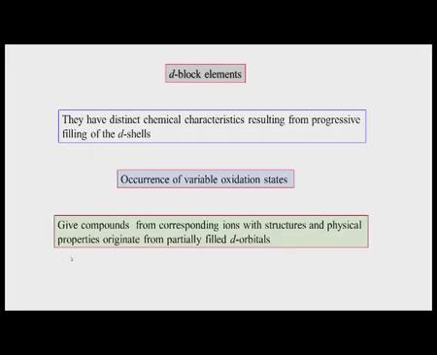And the particular physical properties which are originating basically from the different dn electronic configurations, d1 to d9, for these series of metal ions. So, what are those physical properties? One of the most characteristic physical properties we will find in the solid state.